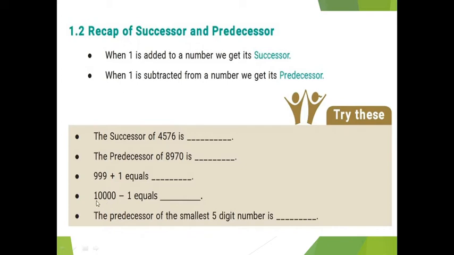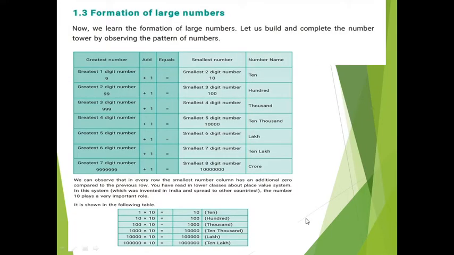Predecessor means we have to subtract 1 from that number. So the answer is 9,999.